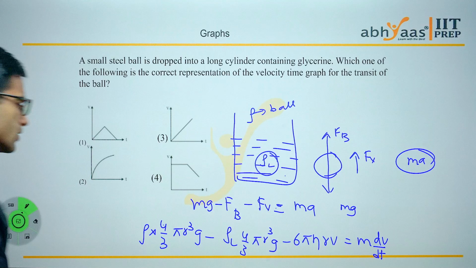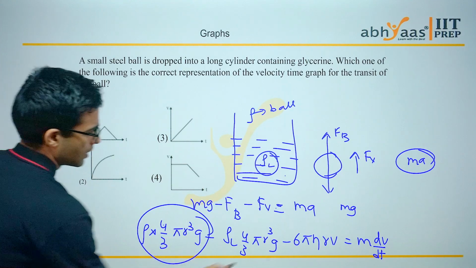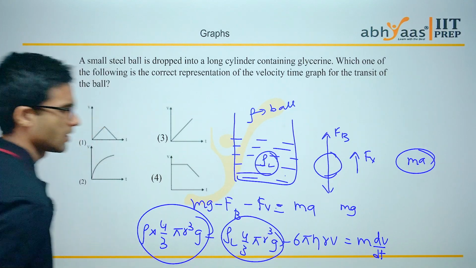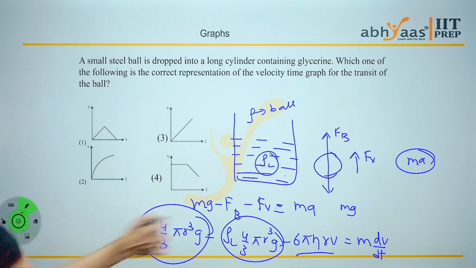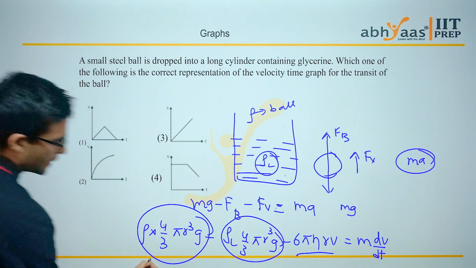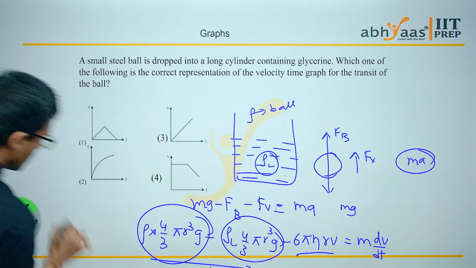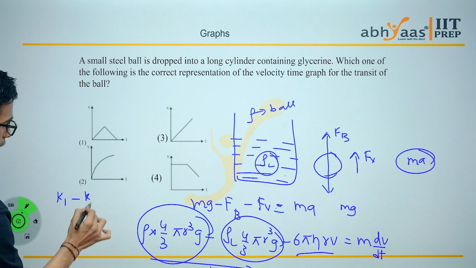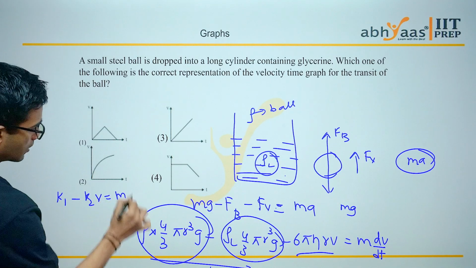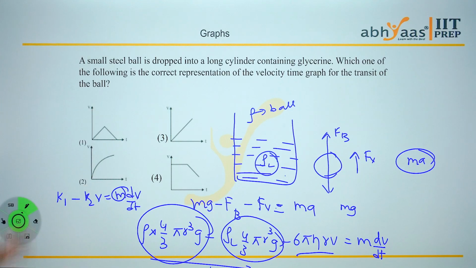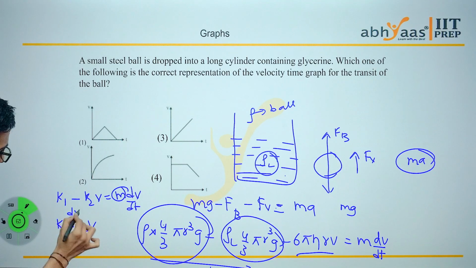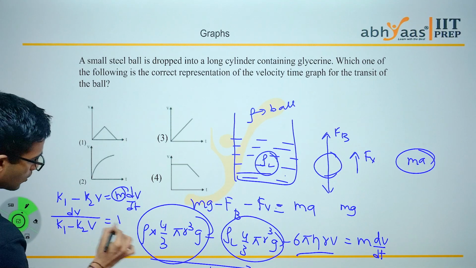Here everything is constant. Here also everything is constant. Velocity is there, so I am writing this minus this as K1, and the other as K2. K1 minus K2 into V equals m dV by dt. This is also constant. Now dV by (K1 minus K2 V) equals dt.